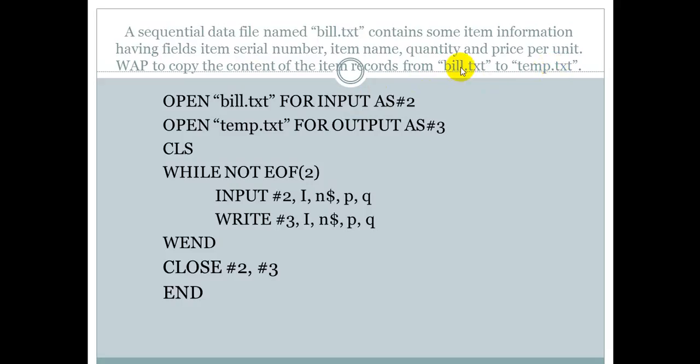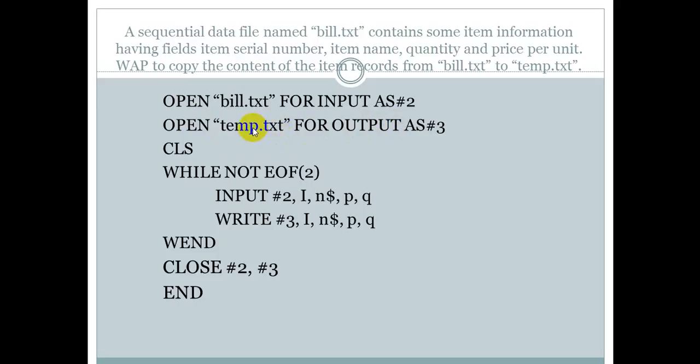So we should open bill.txt in input mode in order to read the content, and temp.txt should be opened in output mode because we are going to store data in temp.txt.